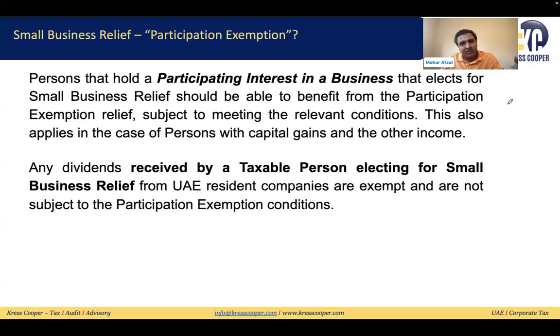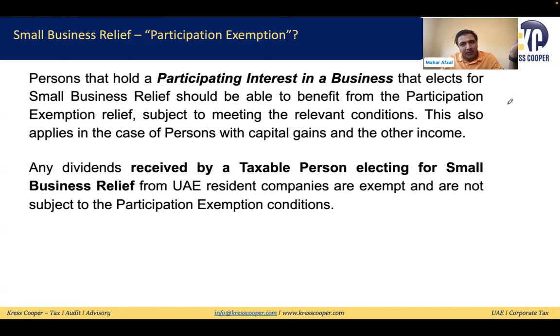If those conditions are fulfilled, then specifically they said the income from the participation interest, capital gain, forex gain or loss, impairment gain, these all are exempt as well. So the resident person that is opting for the small business relief, any income from the participation interest will be included to calculate the gross income that we have already discussed.